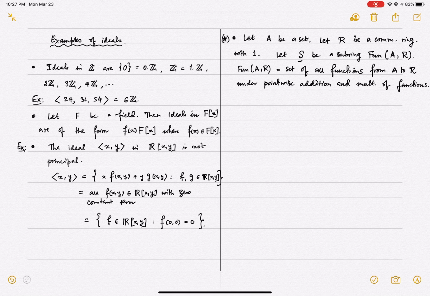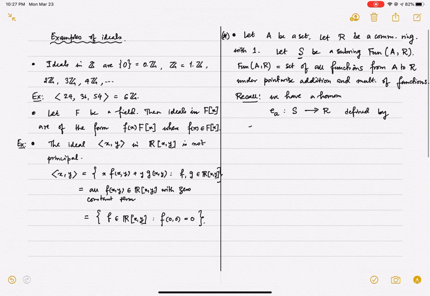Remember, we have this homomorphism we defined when we talked about homomorphisms, called E sub A, E for evaluation, from S to R, defined by evaluation at A of a function is the value of the function at A. That's why it's called evaluation homomorphism.